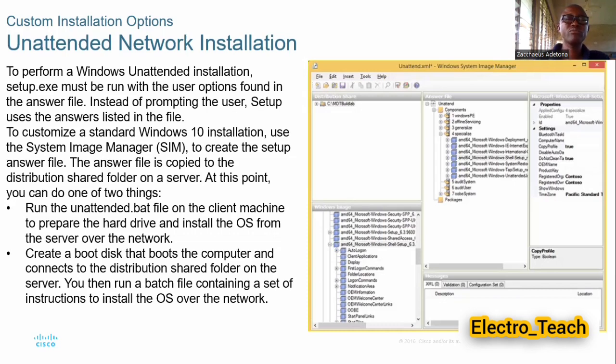So this system too can be used to install operating systems on multiple computers by preparing all the answer files for them on the server that they will use to complete the installation unattended.